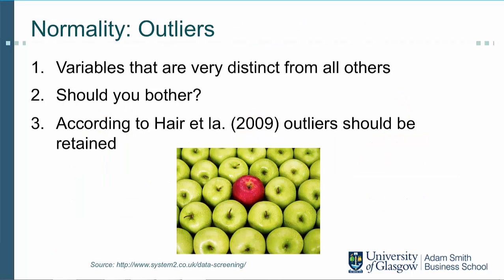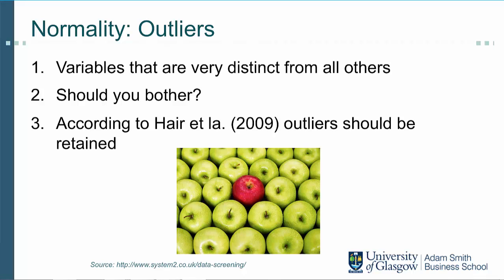Another issue in data screening involves outliers. Outliers are cases with unique combinations of characteristics that make them distinct and different from all the others. Typically, multivariate textbooks make a lot of fuss about outliers. I tend not to bother for two reasons.